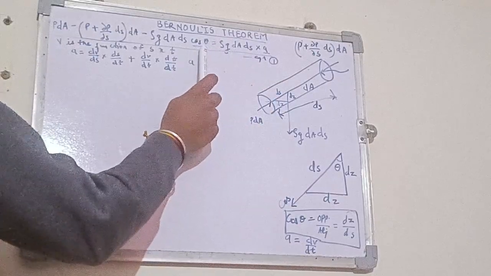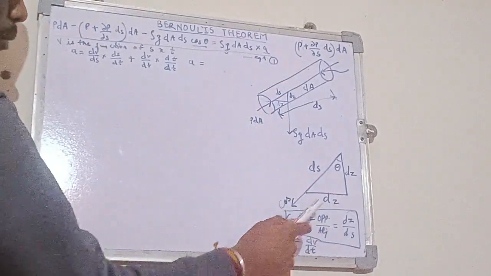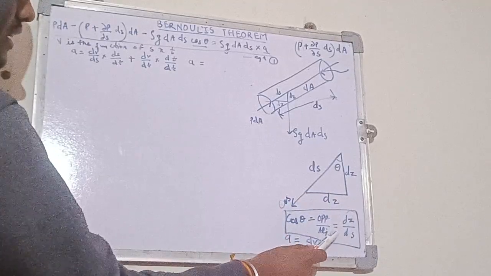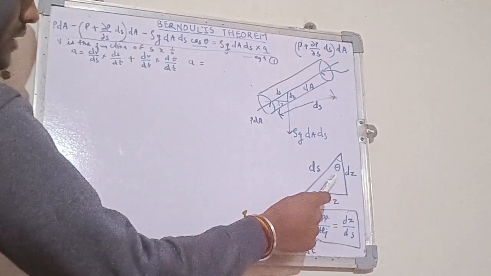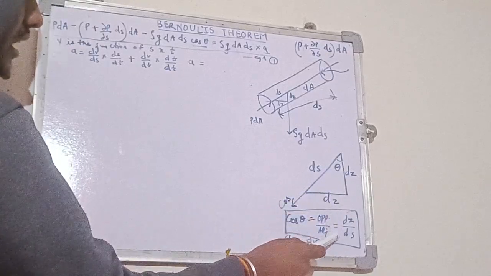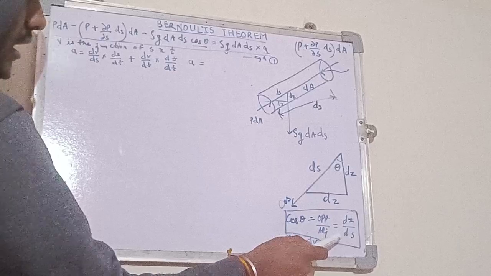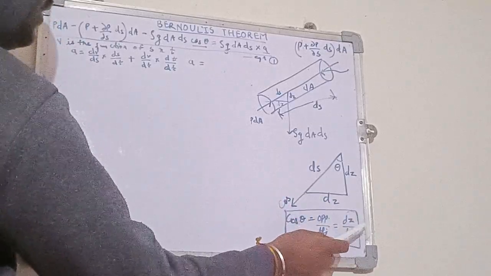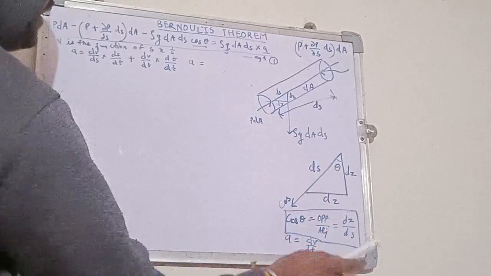For cos theta, it is the opposite side upon the hypotenuse. In this triangle you can see theta, the opposite side is dz and the hypotenuse is ds. So cos theta is dz by ds.